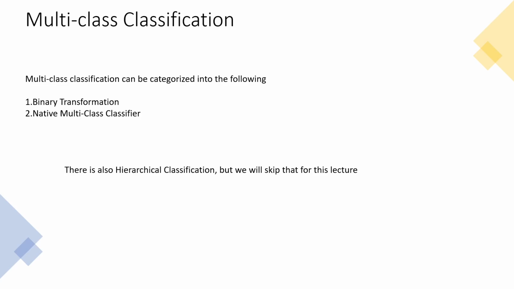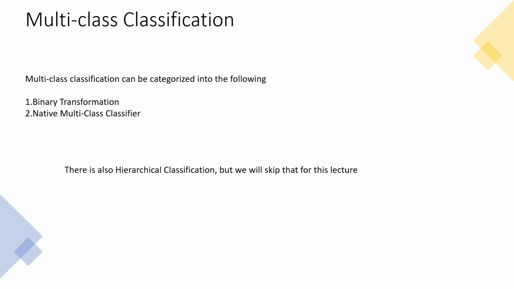For example, if you want to use the MNIST database for classification, we had 10 digits, from 0 to 9. And that means there are 10 classes for the MNIST dataset. So multi-class classification deals with more than two classes.